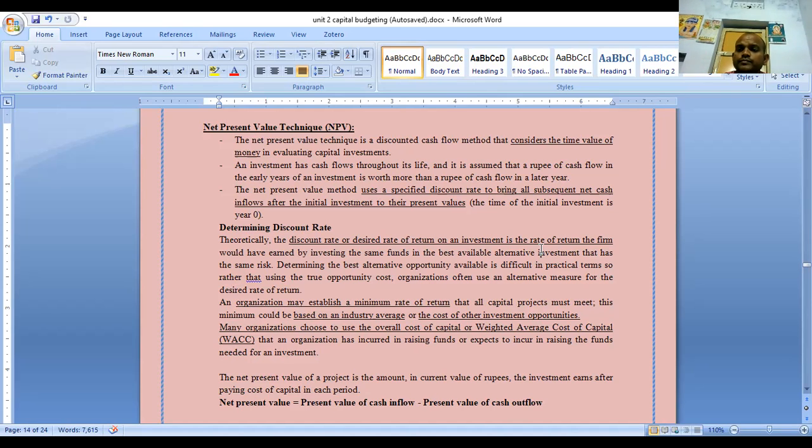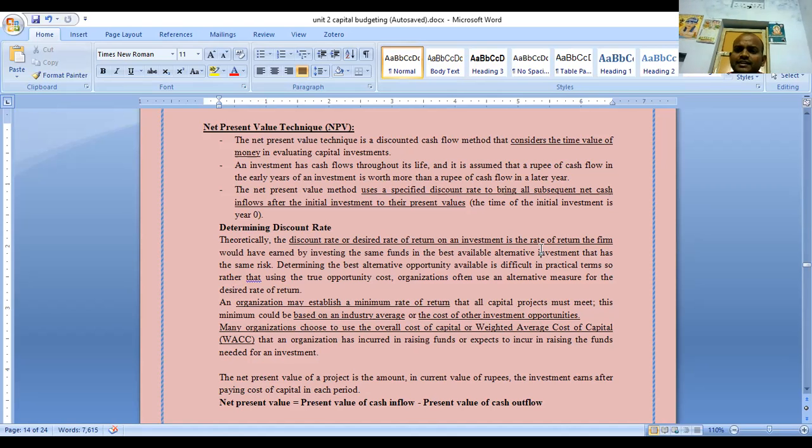Say for example, if you deposit 1 lakh rupees in a bank, you will get 7% or 5%. Say for example, 5% interest in a year. After completion of the year, you will get 5% of interest. If you start a business by investing that 1 lakh rupees, and you are able to earn only 4%, then what is the use of it?